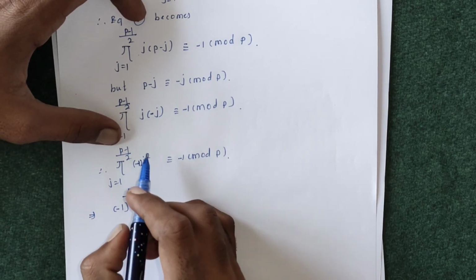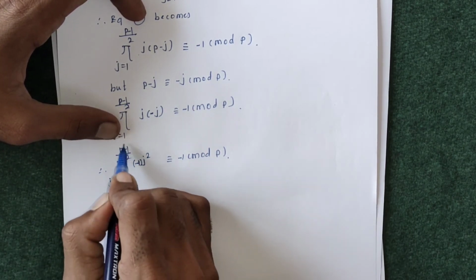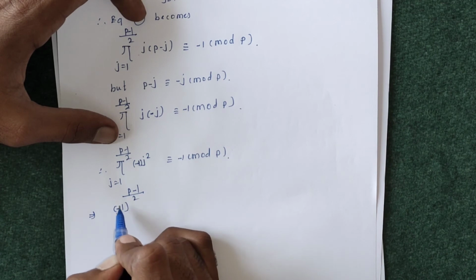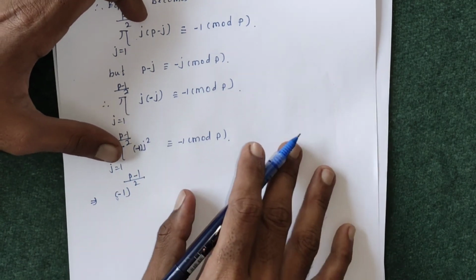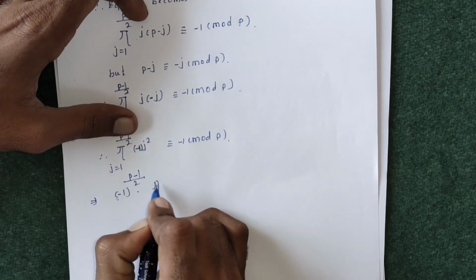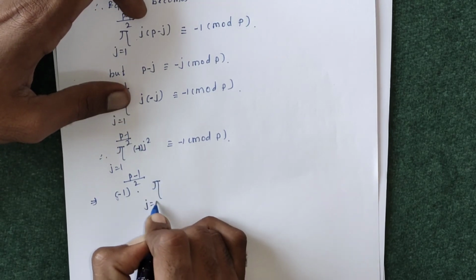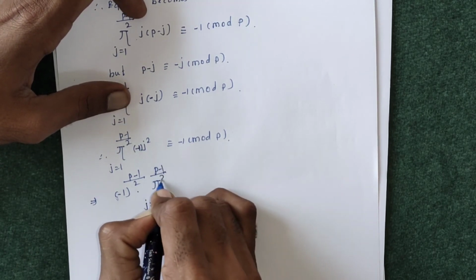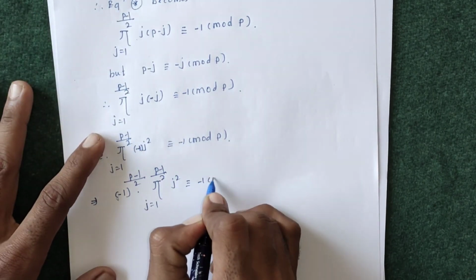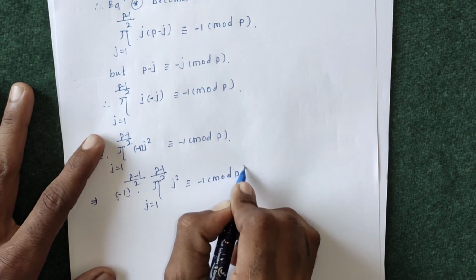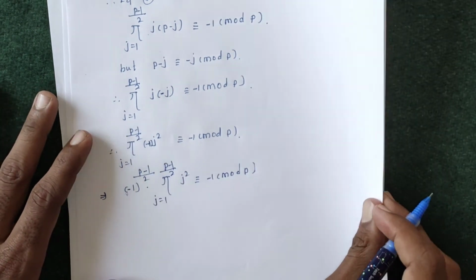So minus 1 will appear in that product (p minus 1)/2 times. So we take common minus 1 raised to (p minus 1)/2. Now this product will remain as it is: j running from 1 to (p minus 1)/2 of j square, which is congruent to minus 1 modulo p.